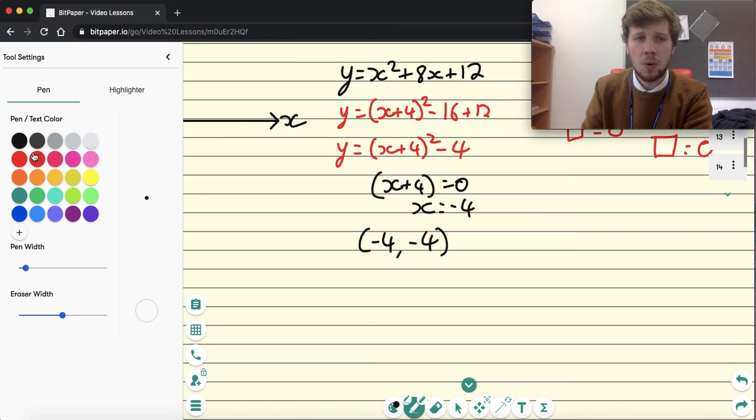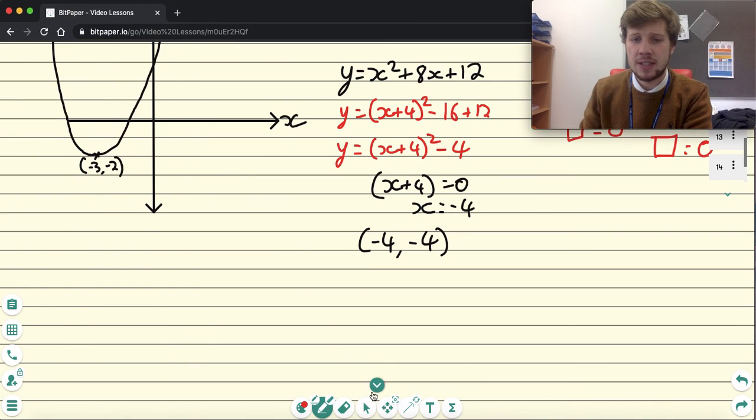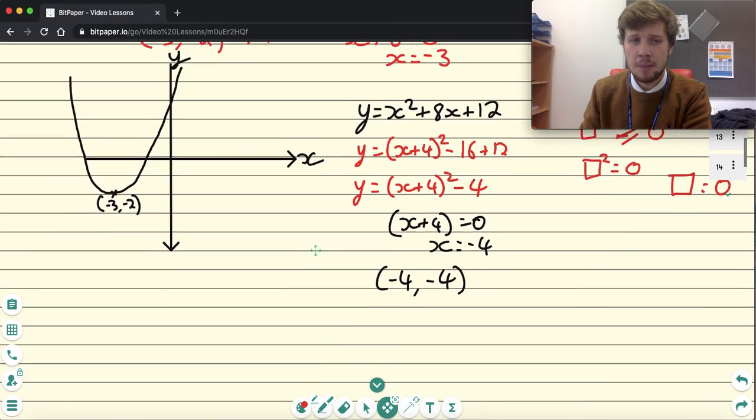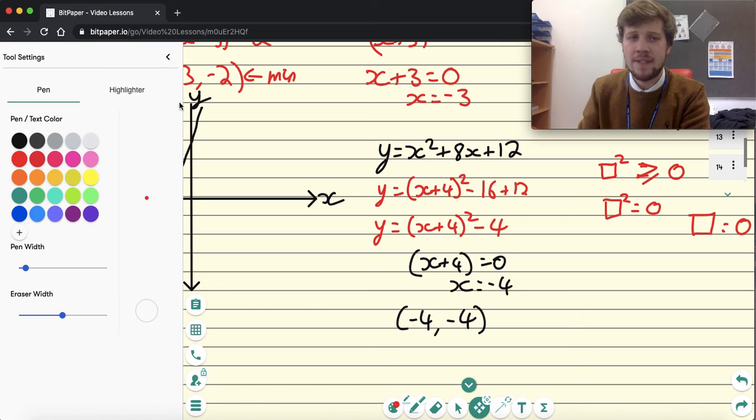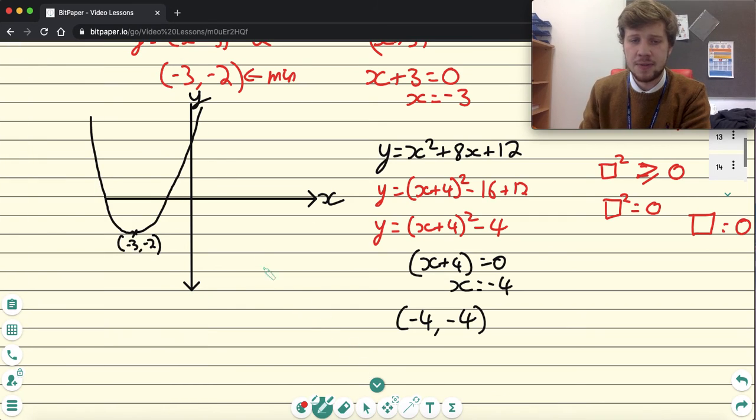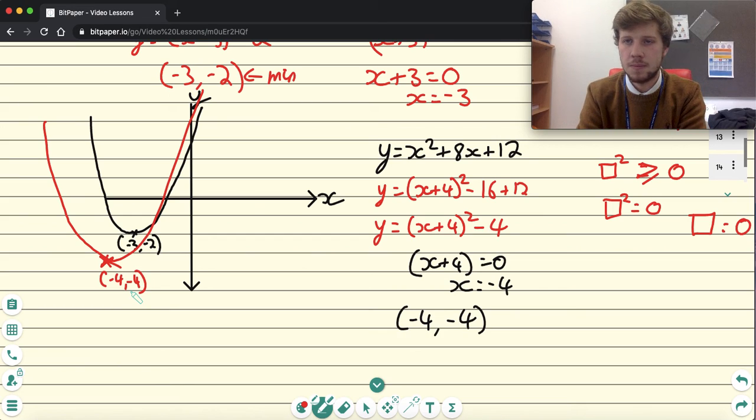So I'm going to draw on the same axes that I had earlier, but I'm going to indicate where this negative 4 is, so it'll be further across and further down. And again, I'm going to draw an appropriate parabola. It would need to look like a U and have a turning point here, and that would be negative 4, negative 4.